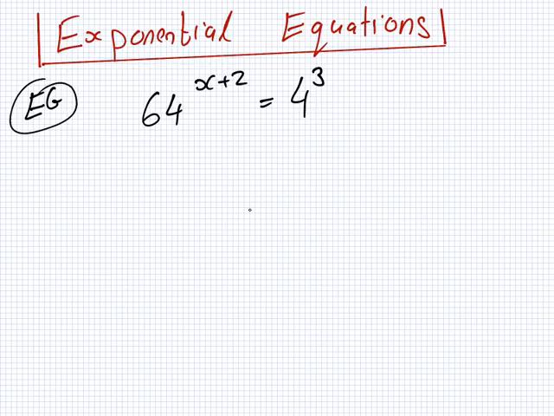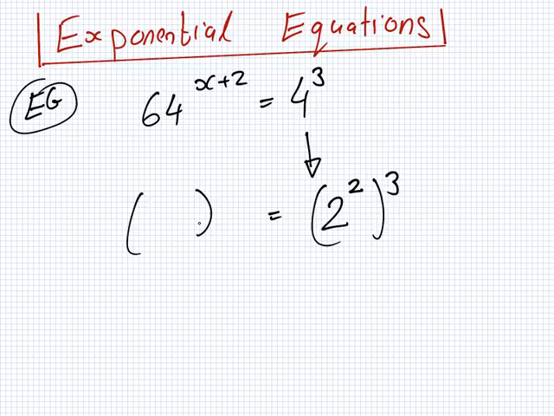So, what we try to do for these problems, if it's possible, we try to simplify the 64 and the 4. So the 4 you can write as 2 squared, like this. And the 64 is 2, 4, 8, 16, 2 power 6 is 64.